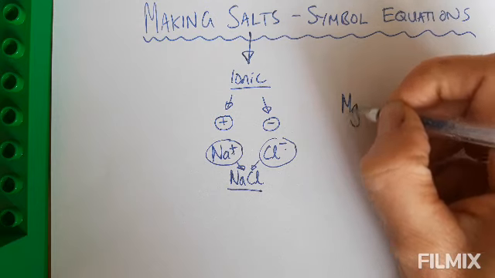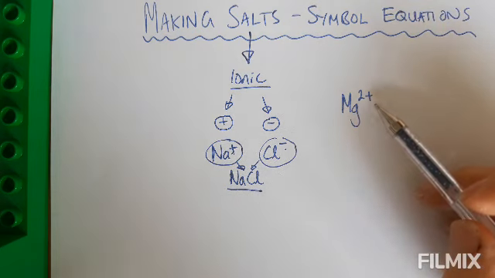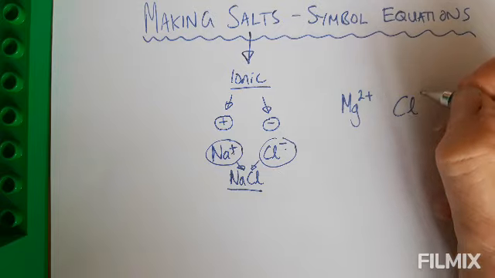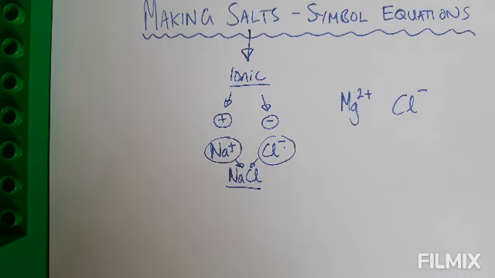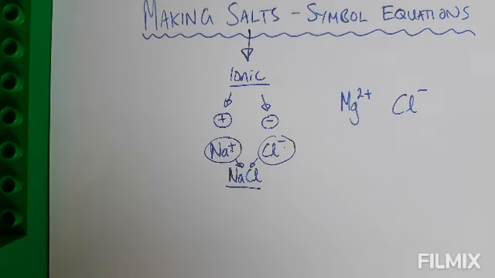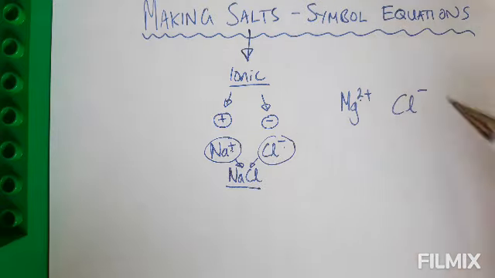So if I say magnesium ions, I know that magnesium ions are 2+. I've not got my periodic table out, I just know they're 2+ because magnesium is in group 2. If somebody asks you what is the formula for magnesium chloride, I would say magnesium is 2+, and you can check that against the list.